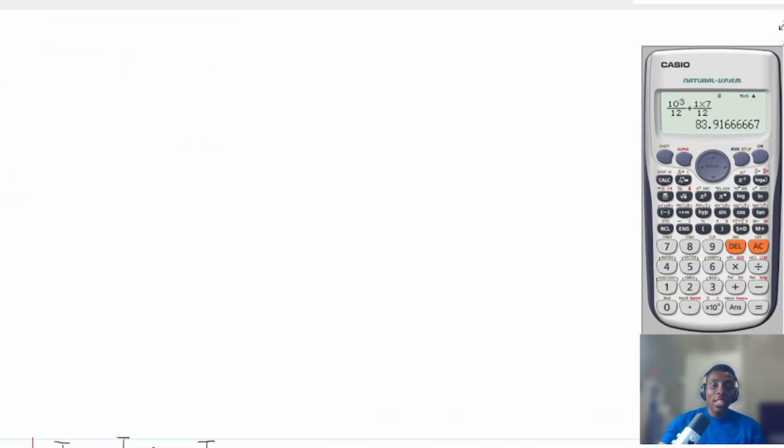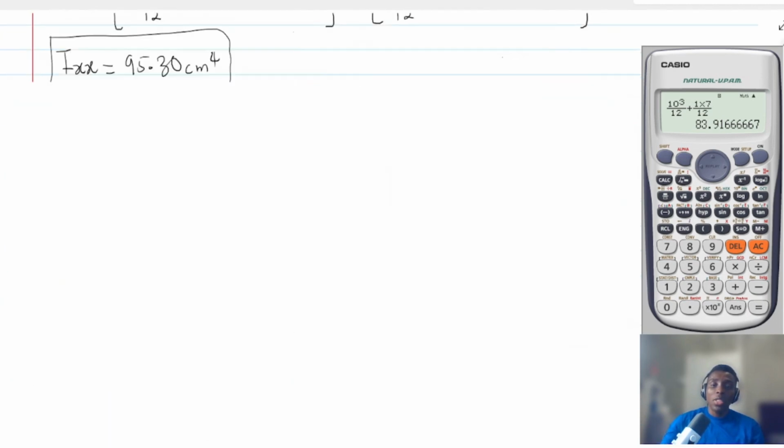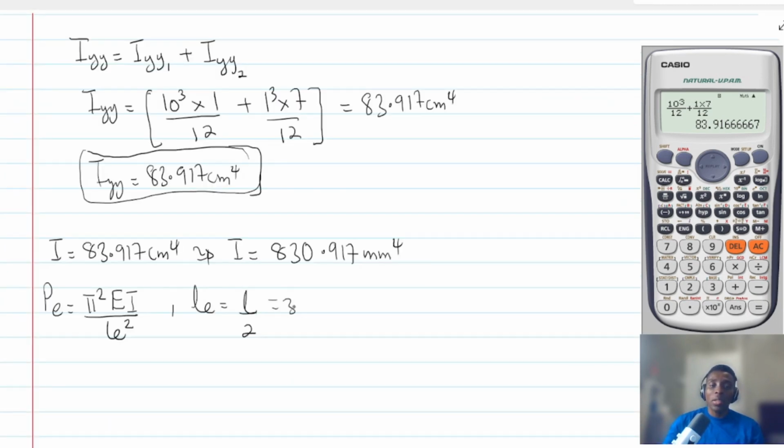From the question, the strut is 3 meters long, which is the same as 3000 millimeters. So this is going to be 1500 millimeters, right?